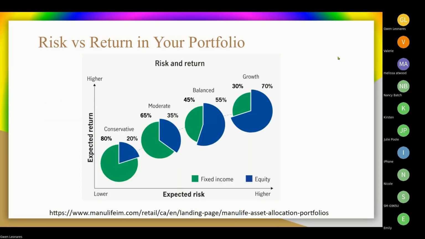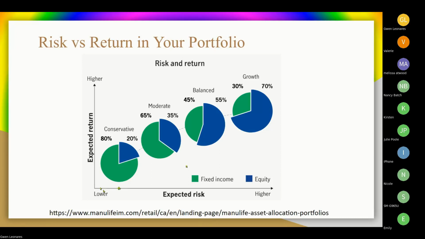So here's a cool slide that I found, which shows these different portfolios and how they go up on the risk side and the return side. The conservative would have fixed income, so that would be bonds and things like that, and equity, that's the stocks.